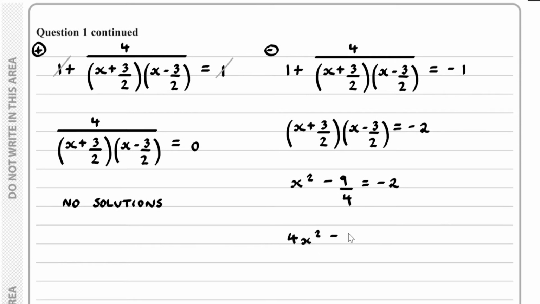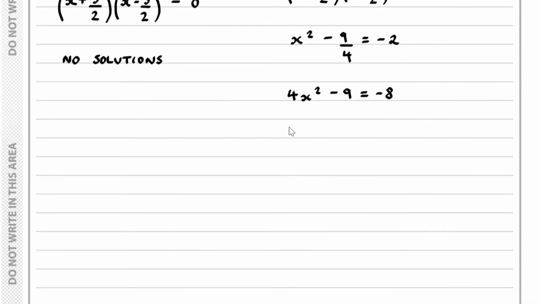So 4x squared subtract 9 equals negative 8. 4x squared is equal to 1. X squared is equal to 1 over 4. And therefore x is equal to plus minus 1 half.